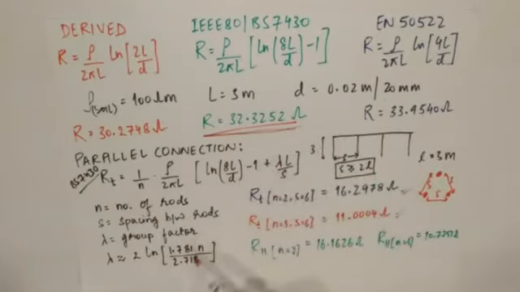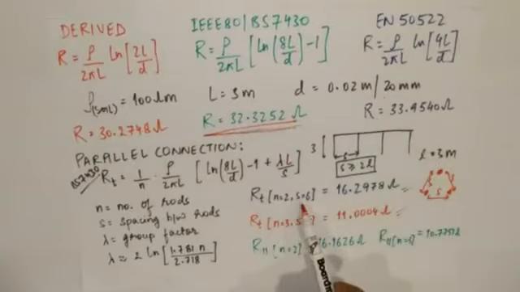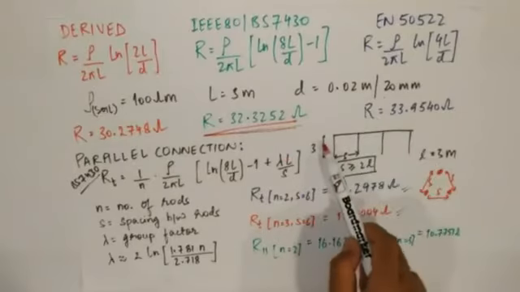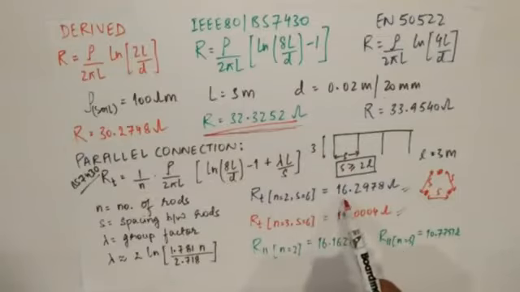And this lambda, the group factor, is given by this formula, which is 2 ln of 1.78 times the number of rods in parallel divided by 2.718. So if you solve this for 2 electrodes in parallel, with the spacing equal to 6, since the length is 3 so I have taken twice the length, the formula comes out to be 16.2978.